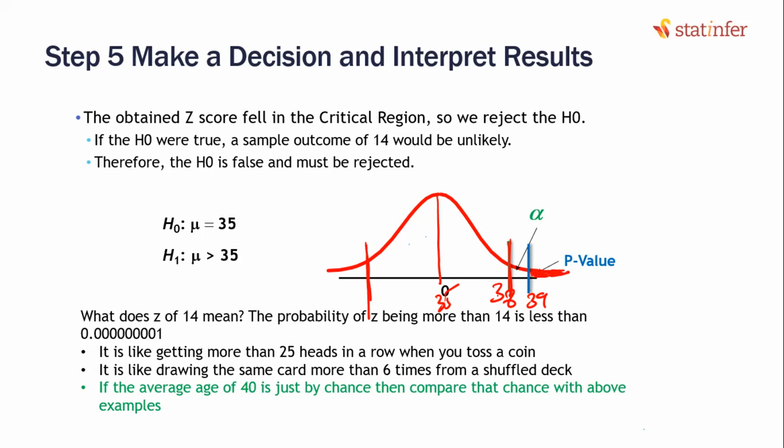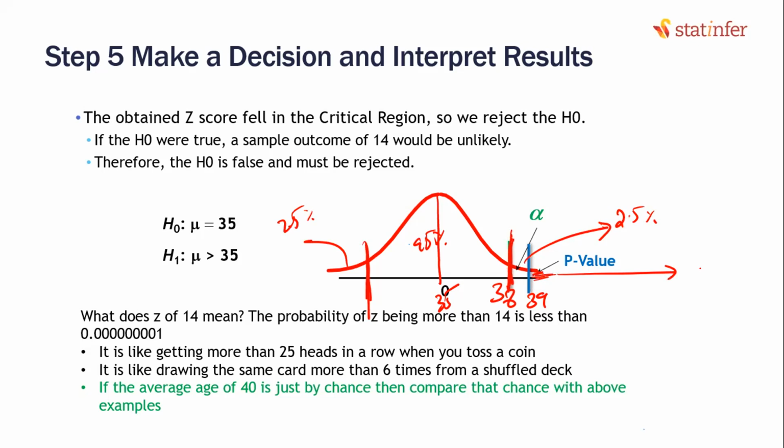Let us suppose this whole thing is 95%. From here, this one is around 2.5%, and this one is around 2.5%. P value is from here, whatever is the probability.